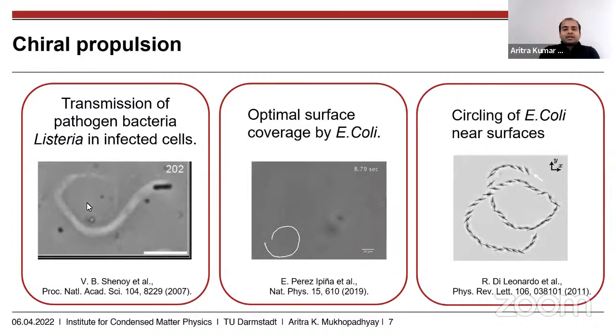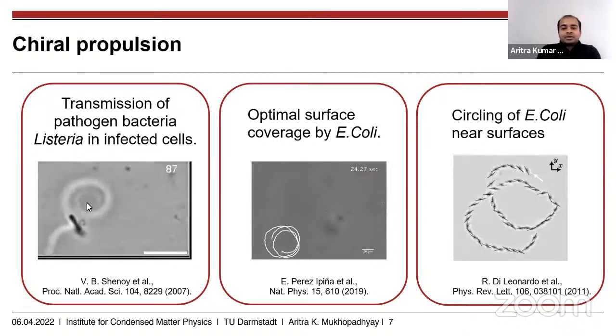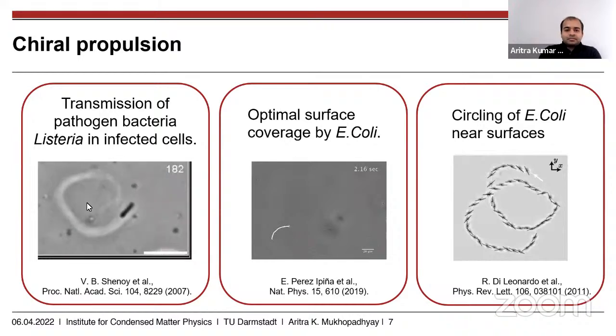Bacteria like E. coli can also take advantage of this kind of circular motion to optimally cover surfaces, which allows them a broad coverage area. As compared to linear movement only, they can cover a broad surface area, which is very important in the search for food or to find a favorable living habitat.